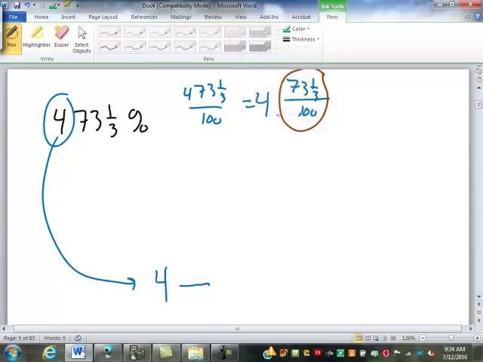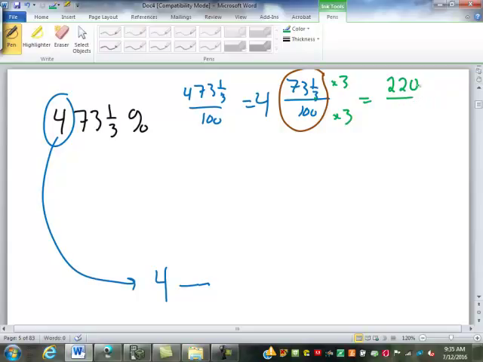And how would we do that here? We could multiply by 3 on top and bottom, numerator and denominator. Why did I pick 3? Because my denominator here is 3. So multiplying by 3 will get rid of that fraction. 73 1/3 times 3 is 220. I'll let you confirm that on your own.